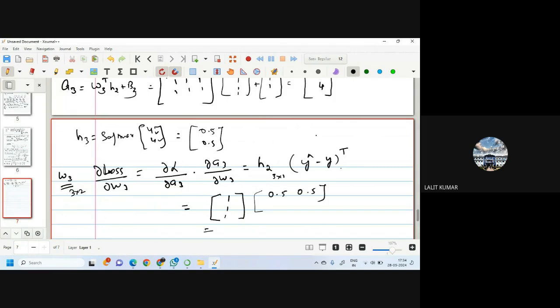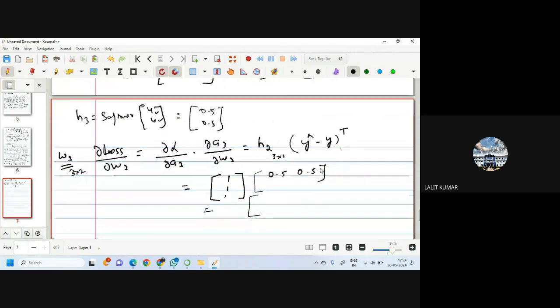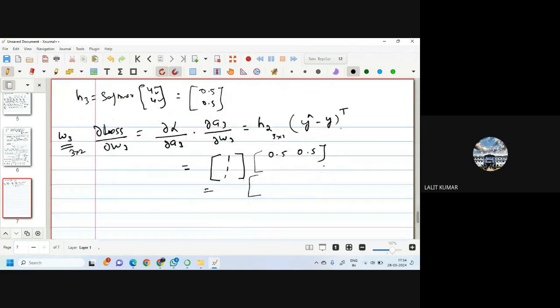So this entire will become 0.5, 0.5, all 0.5s. No, it's 3 into 2, right? Now 3 into 1 and 1 into 2, so we get 3 into 2.